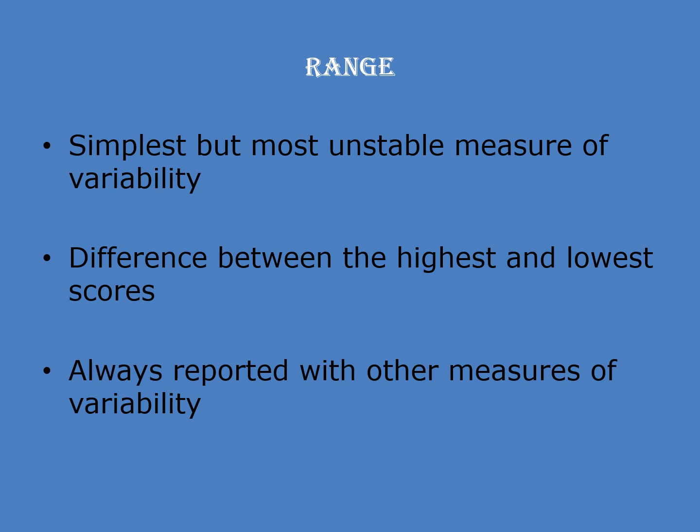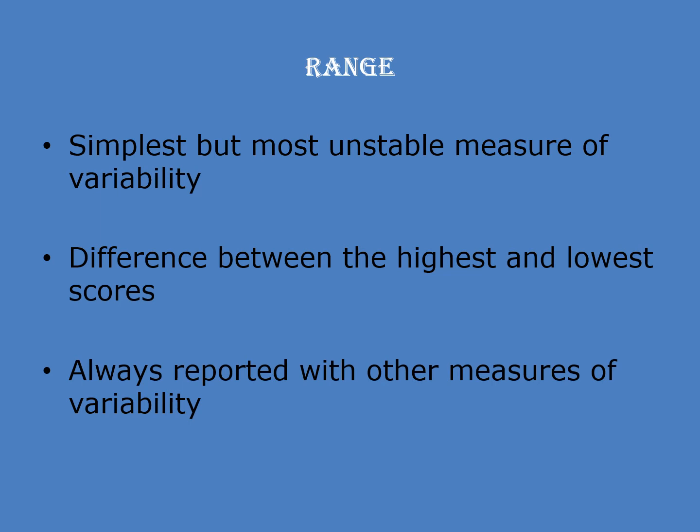So I'm now just going to highlight a little bit about range, which is basically the most unstable measure of variability, and what researchers and investigators do to understand or determine the range.